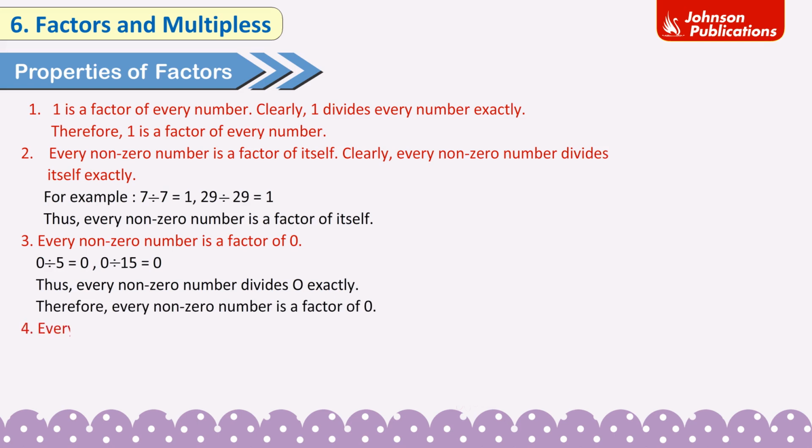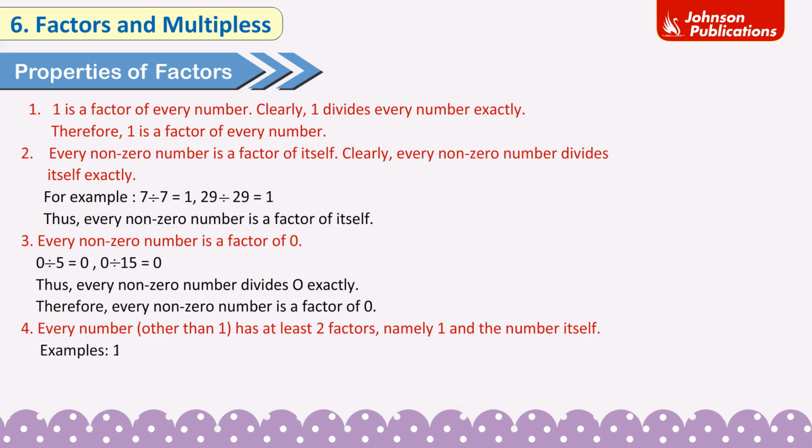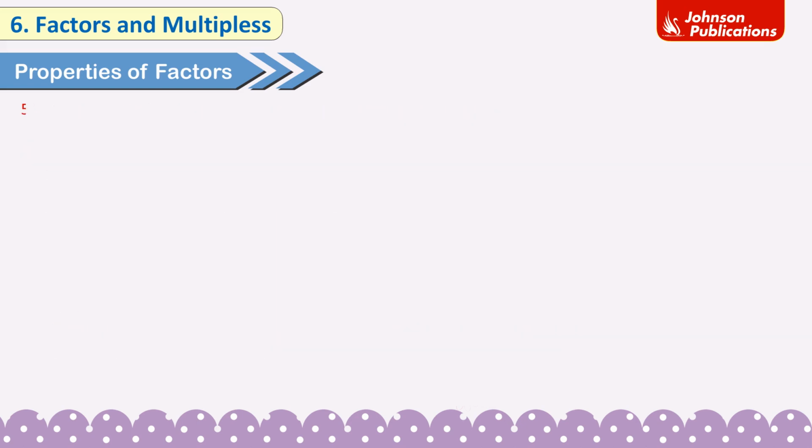Number 4. Every number other than 1 has at least two factors, namely 1 and the number itself. Examples: 1 multiplied by 15 is equal to 15. 1 multiplied by 256 is equal to 256. Number 5.